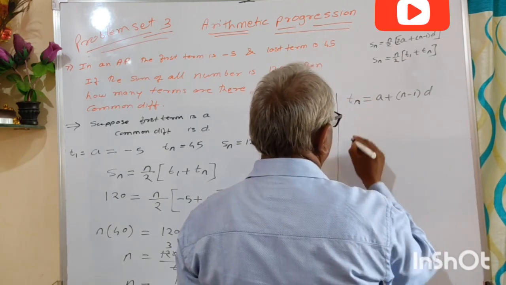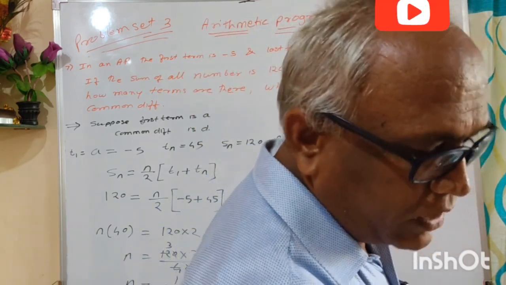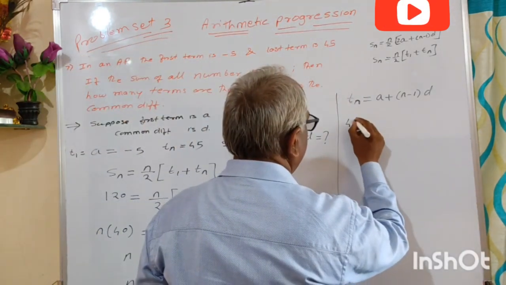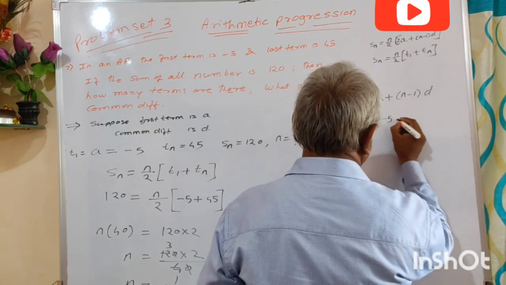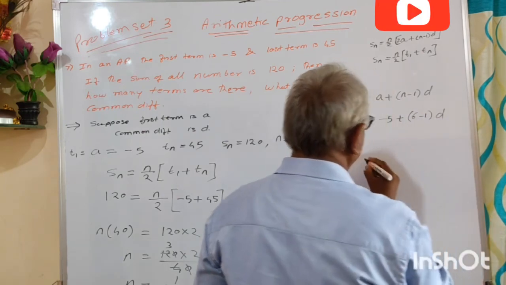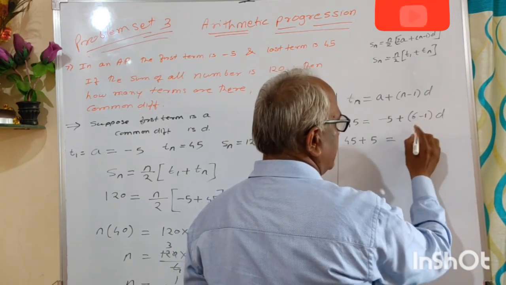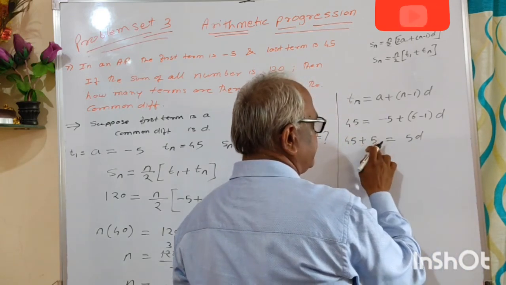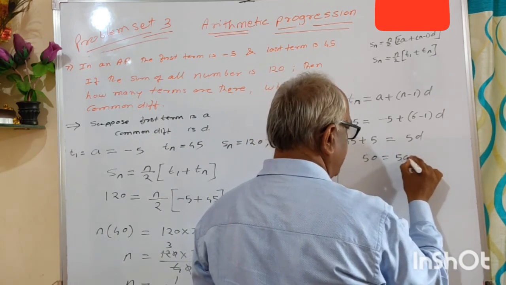Now n is equal to 6 is there. Now you can put the values here. Tn value we know, Tn is given. Tn is 45, which is equal to A is minus 5 plus n is 6 minus 1 into D. 45 plus 5 is equal to 6 minus 1 is 5D. 45 plus 5, that is 50, which is equal to 5D.